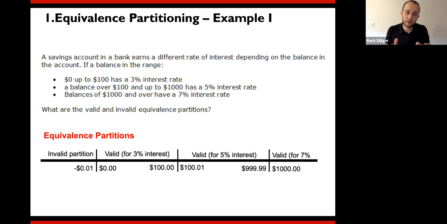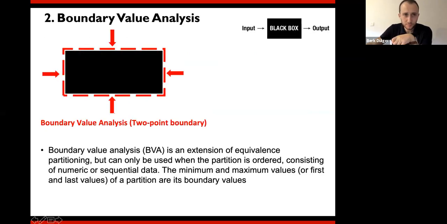It is strongly suggested to select more than just one test scenario, but selecting just one test scenario from each valid and invalid partition is enough for the coverage goal. Okay, cool. Let's move to the second technique.